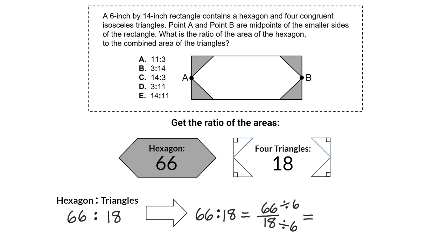And so reducing that, you're going to end up with 11 over 3. Changing its form, that's the equivalent of 11 to 3. So it looks like the ratio of the area of the hexagon to the combined area of the triangles is 11:3, and that means the answer is A.